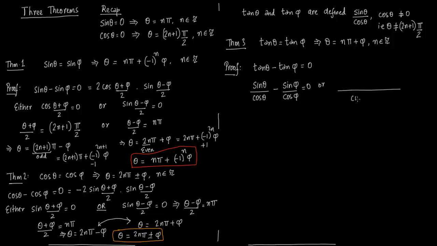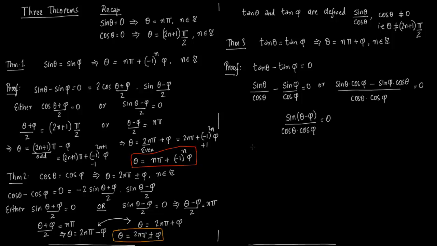So cos theta cos phi, you take a common denominator. You get sin theta cos phi minus sin phi cos theta. You can now immediately notice that the numerator is the formula for sin of theta minus phi, and the denominator is cos theta times cos phi.